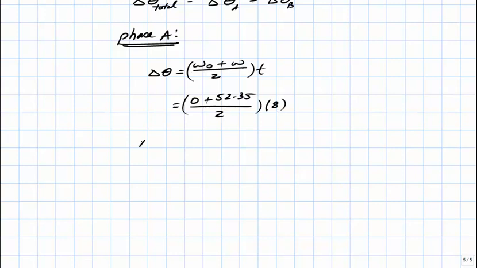Therefore, delta theta in phase A equals 209.4 radians.